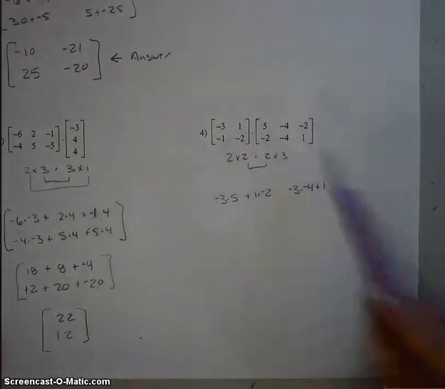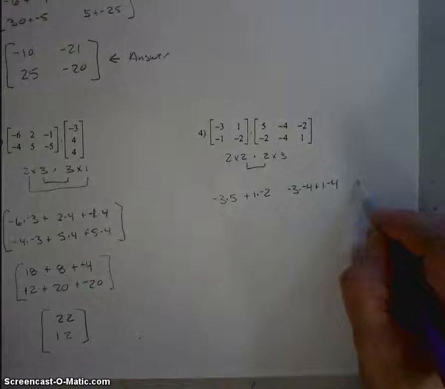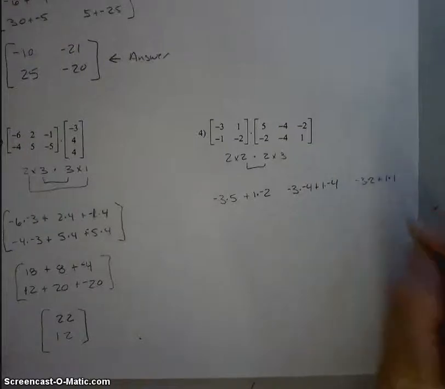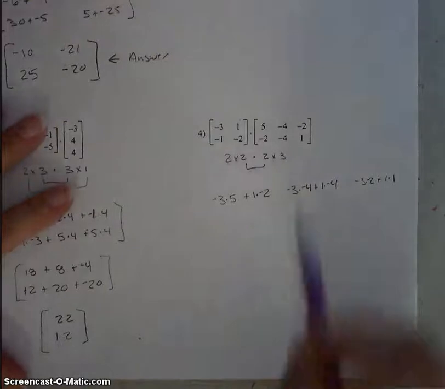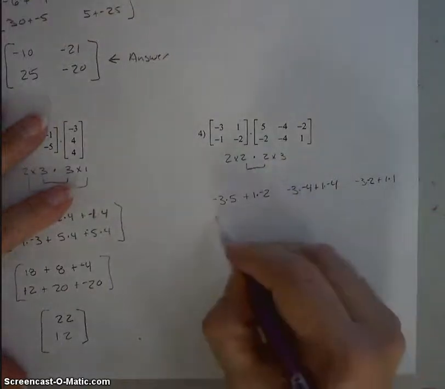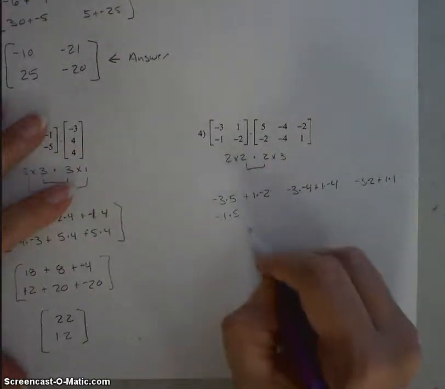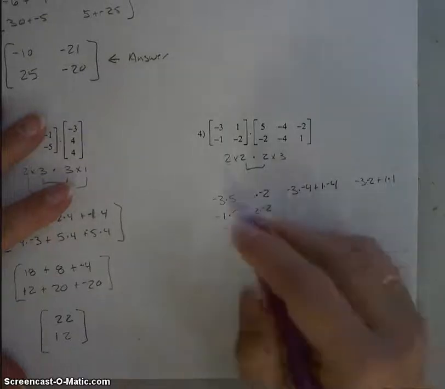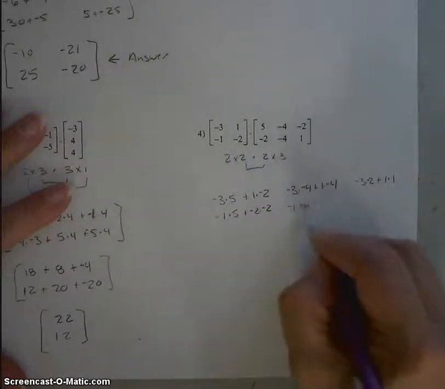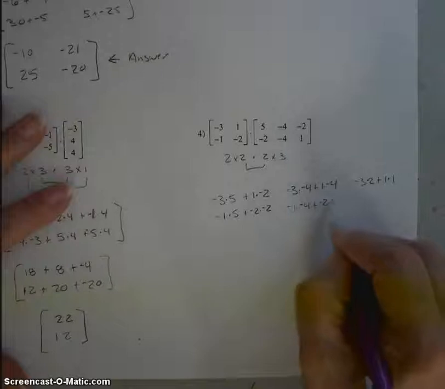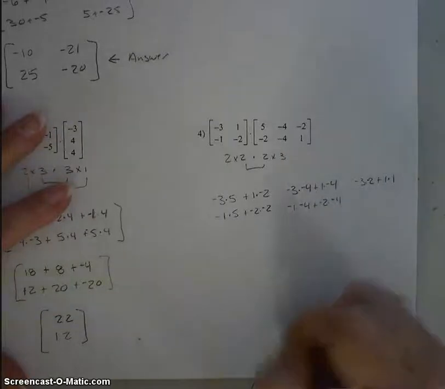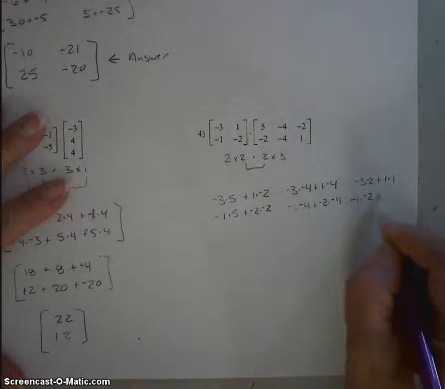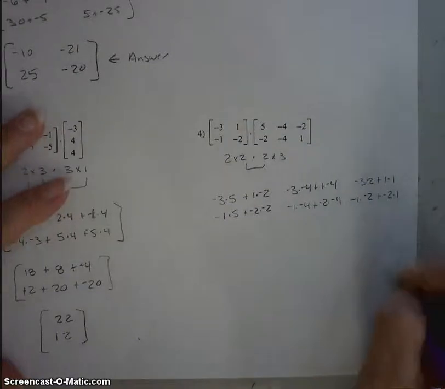And then row 1 times column 3, negative 3 times negative 2 plus 1 times 1. Okay, so let's multiply row 2 by column 1, negative 1 times 5 plus negative 2 times negative 2. Then negative 1 times negative 4 plus negative 2 times negative 4. And then the last column, we have negative 1 times negative 2 plus negative 2 times 1.